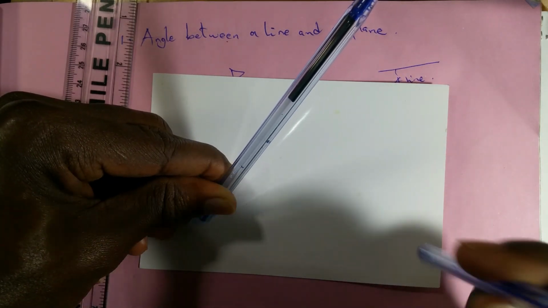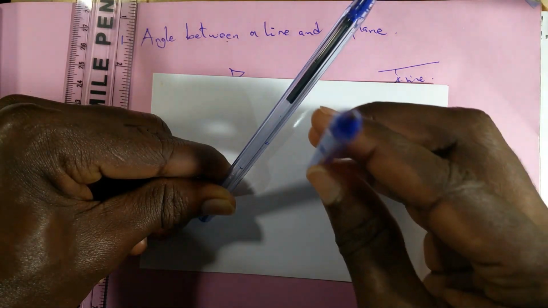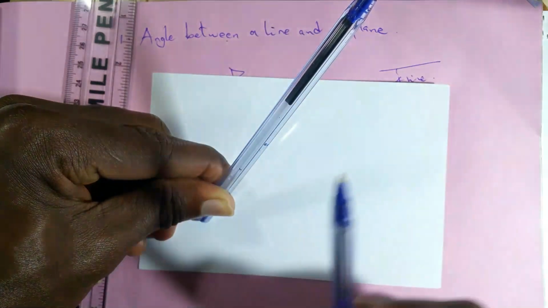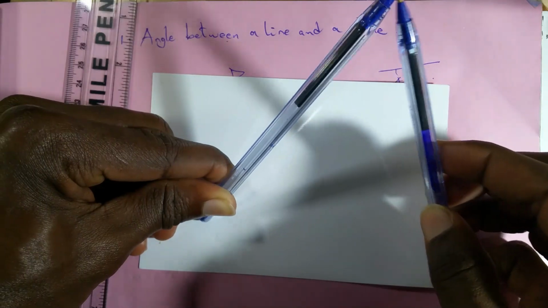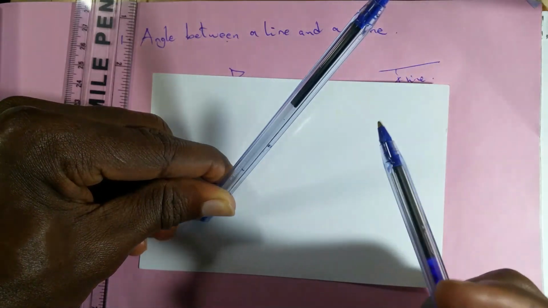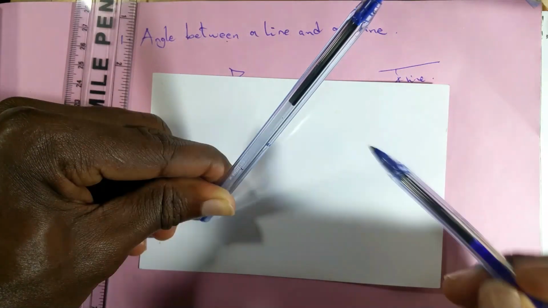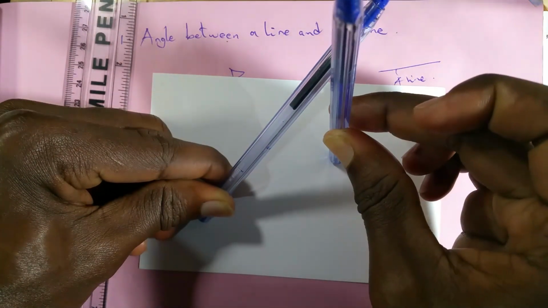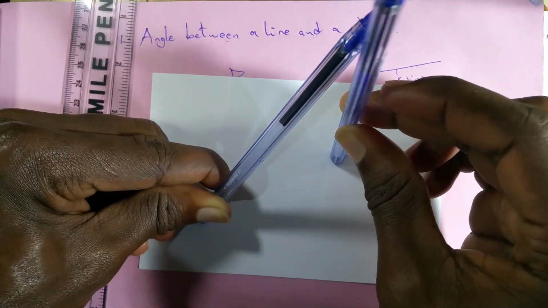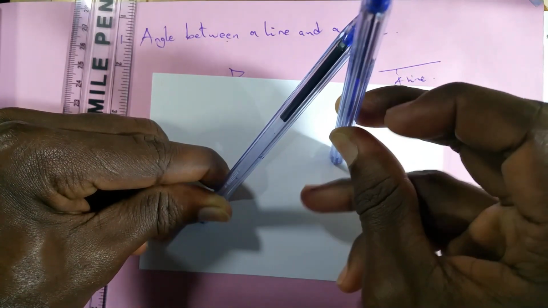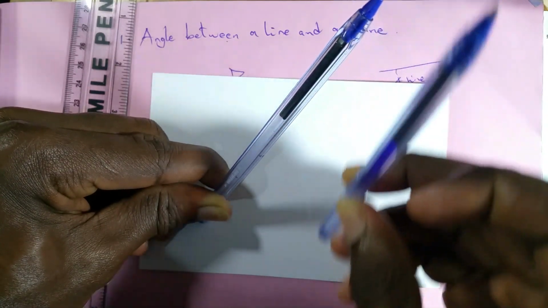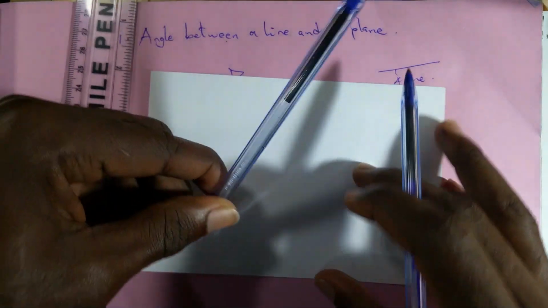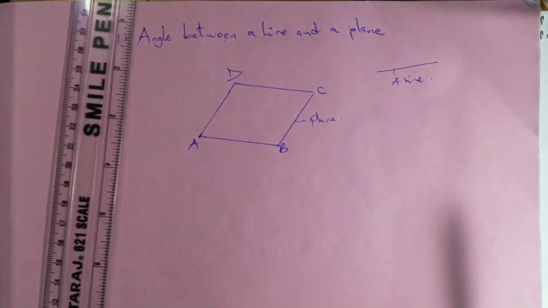Then we can consider that there is another line coming from the top, falling on this plane at right angles, something like that, whereby this angle is 90 degrees. So we are going to draw such a thing in our diagram.